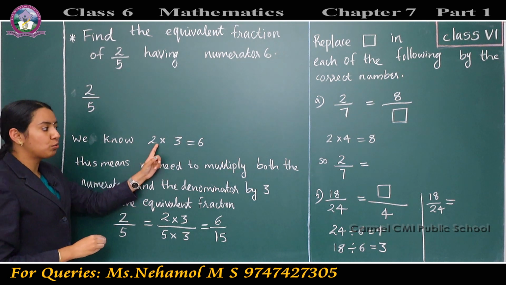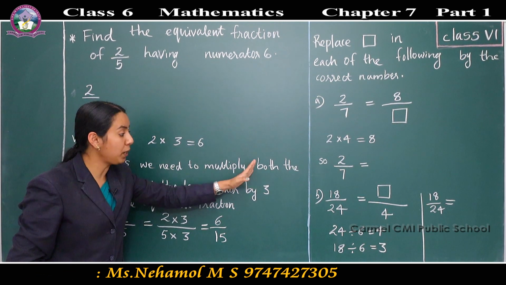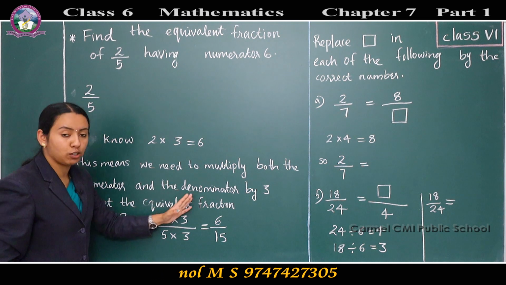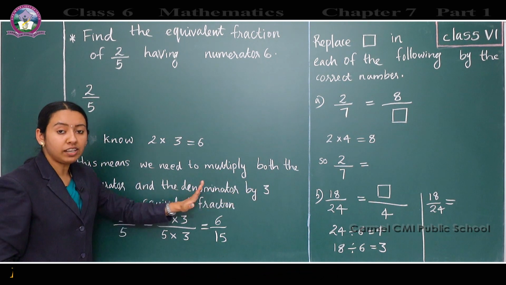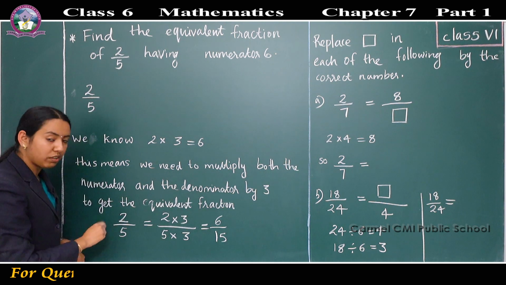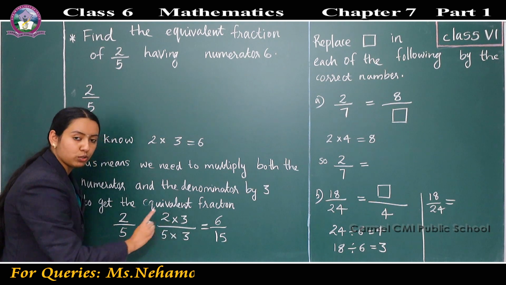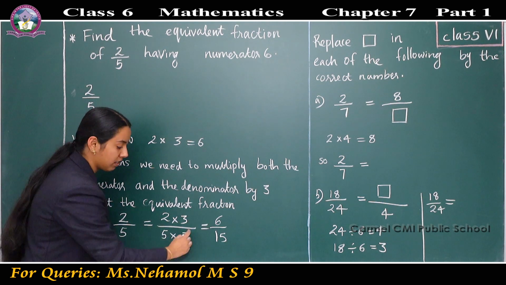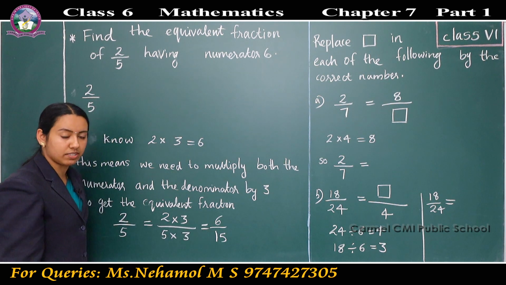This means we need to multiply both numerator and denominator by 3 to get the equivalent fraction. So, 2 by 5 is equal to 2 into 3 by 5 into 3. 2 3s are 6, 6 by 15. 5 3s are 15. 6 by 15 is the answer.